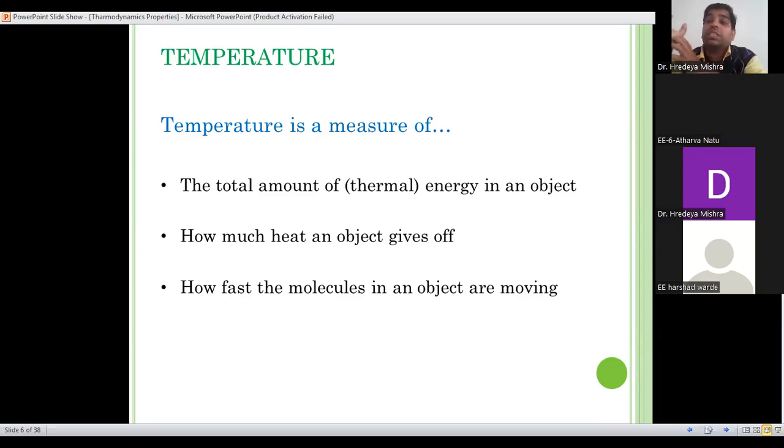If two bodies are there, one hot and one cold, the temperature of one body is high and the other is low.